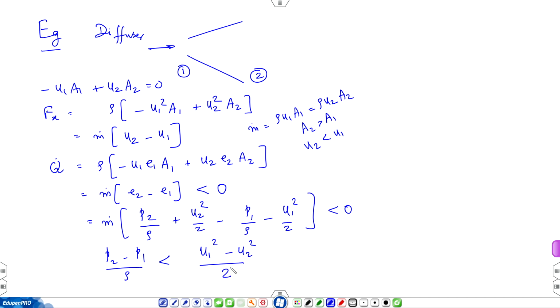So, here is an example. In a diffuser, flow takes place in the direction of increasing pressure.